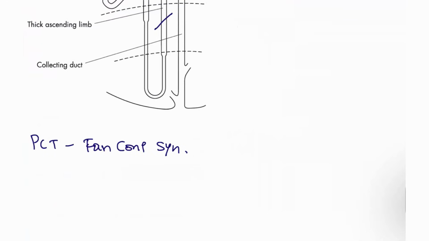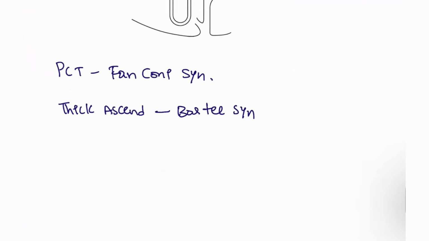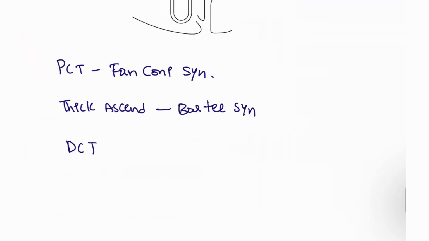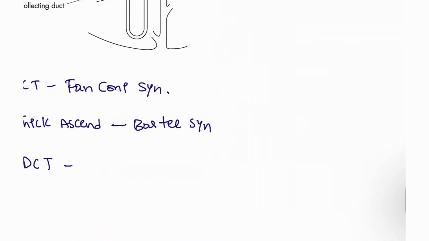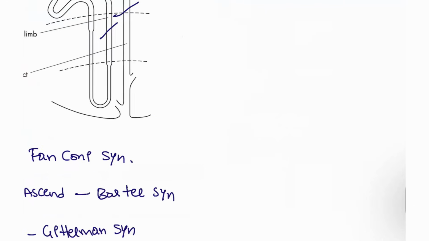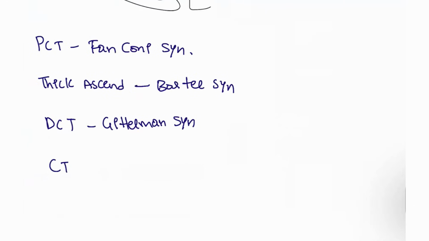If it is the thick ascending loop, here you are going to see Bartter syndrome. And the distal convoluted tubule: you are going to see Gitelman syndrome. On the collecting tubule, Liddle syndrome will be seen.